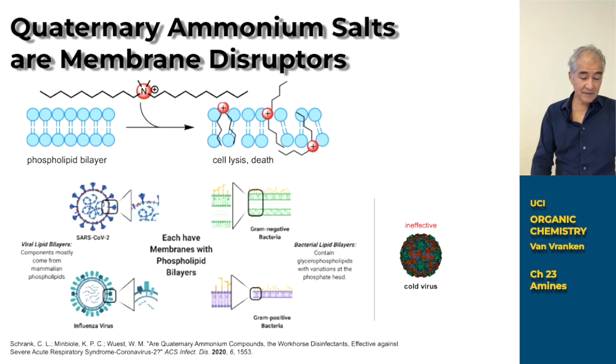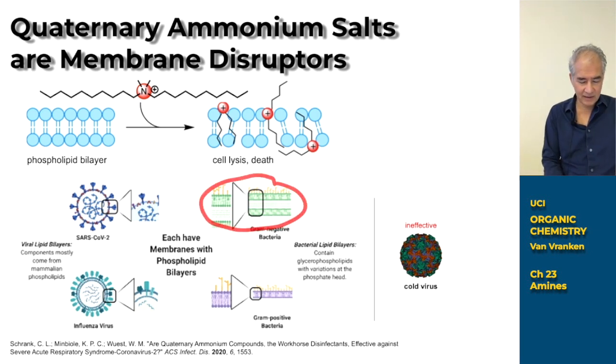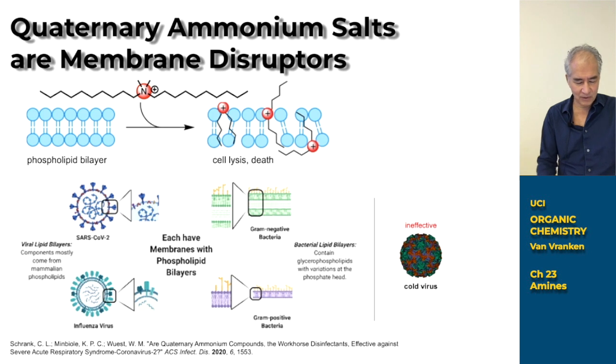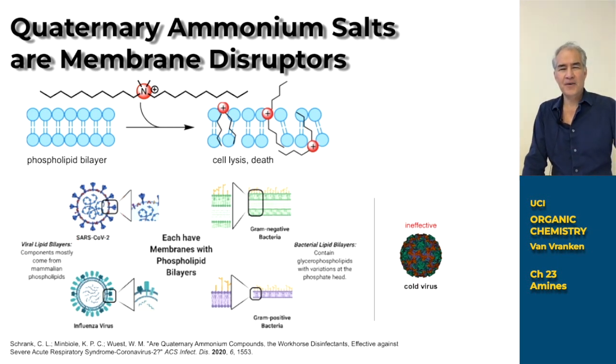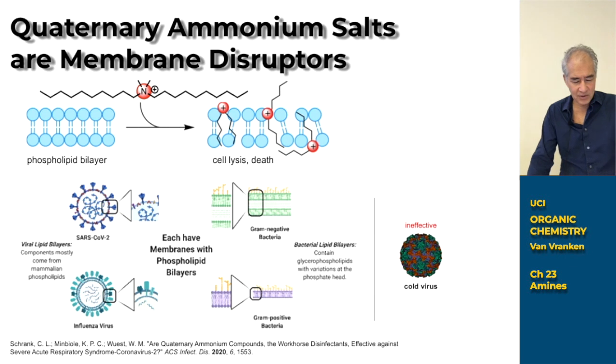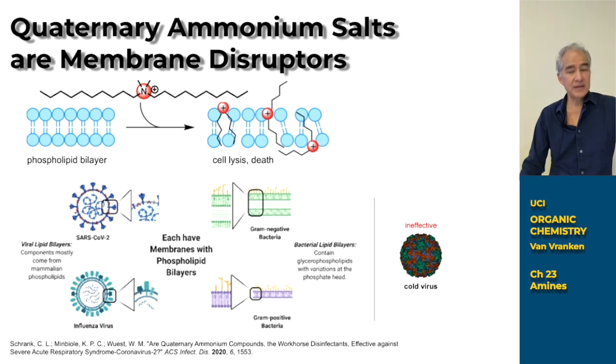So this is effective not just against bacteria, like gram-negative bacteria that have all these biological phospholipid membranes, but also against enveloped viruses, such as the SARS-CoV-2 virus. That's why they put this in all of these classrooms, is the SARS-CoV-2 virus has a phospholipid bilayer membrane that it stole from the host cell. Same is true for the flu, influenza virus, and other types of bacteria and fungi.